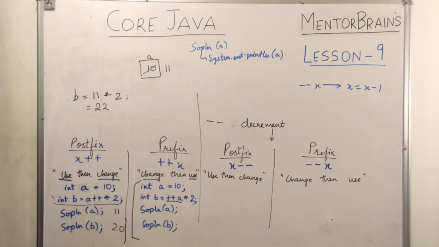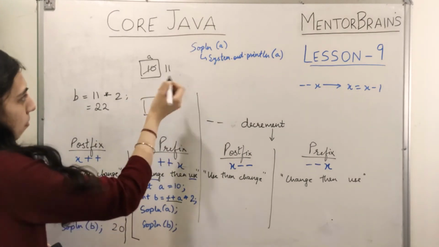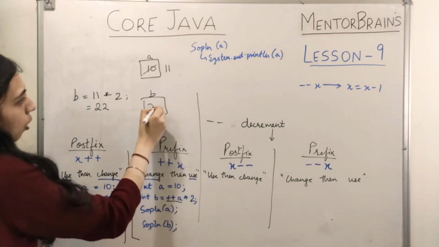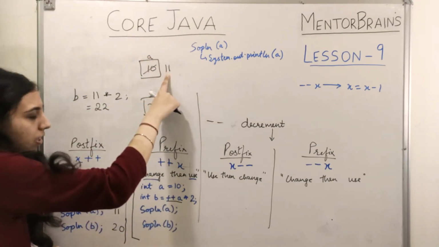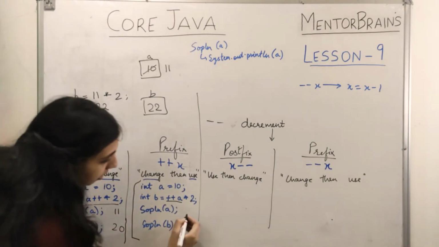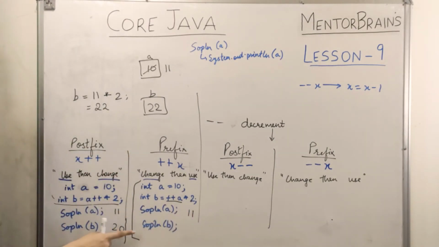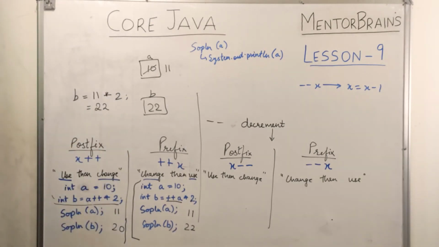Basically after executing this statement, my b memory location has value 22, and my a memory location has value of 11. So if I print it, printing of a will result in a value of 11, printing of b will result in a value of 22. Now please notice the difference here.